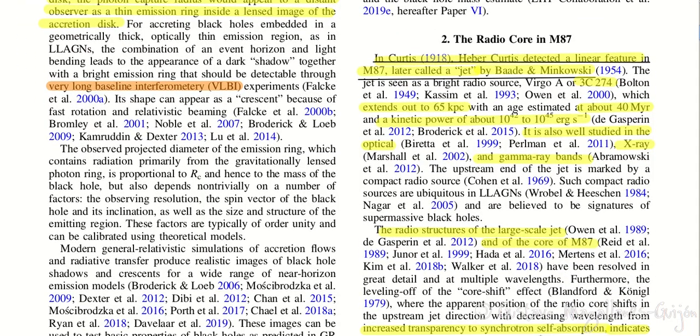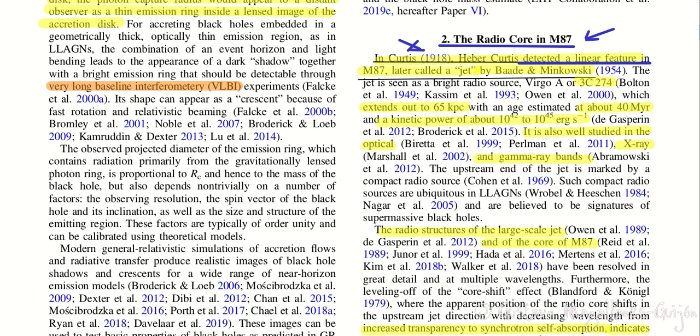In the second part of this, the authors explain about the radio core in M87. Curtis in 1918 detected a linear feature in M87.